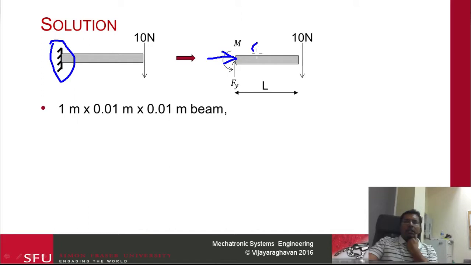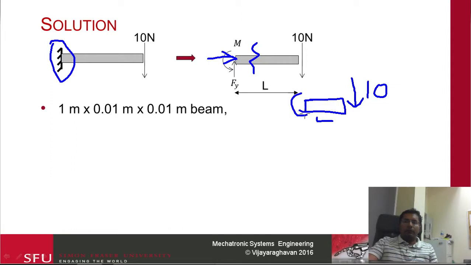Essentially, we can cut the beam at any particular section, so this length is variable, so you don't have to just cut it at this point. If you take the equilibrium of this beam at a length L, with a 10 Newton force, the bending moment that I'll need to apply over here is going to be 10 times L. So as L becomes larger, my moment is going to be larger, and the maximum moment occurs at this particular support.